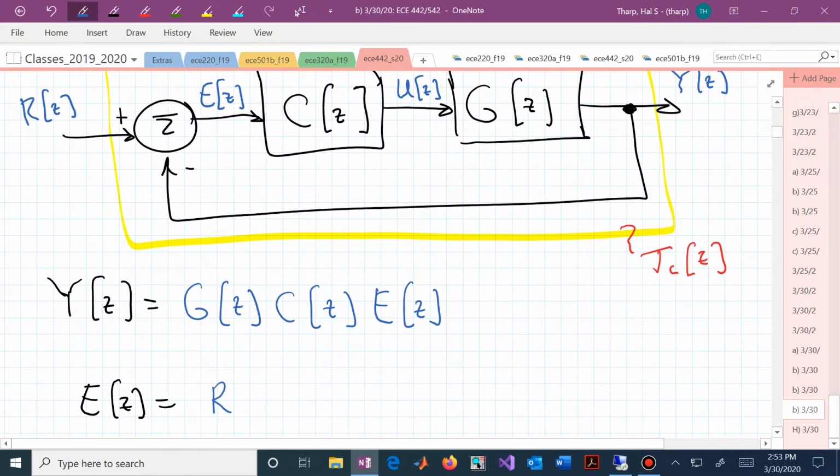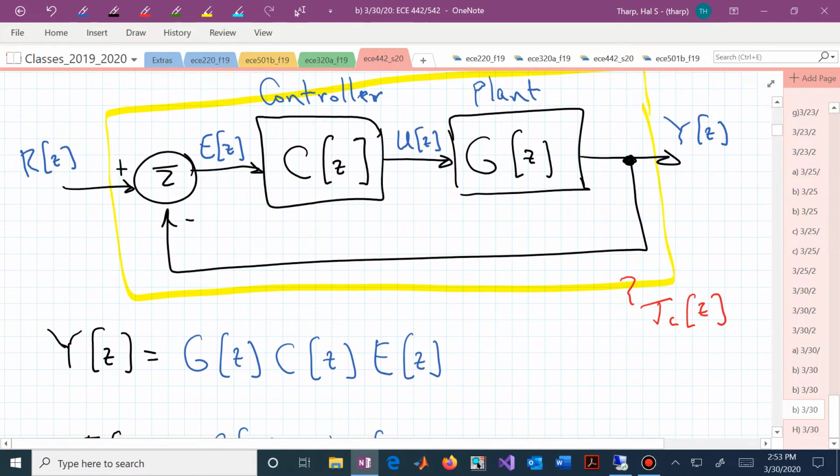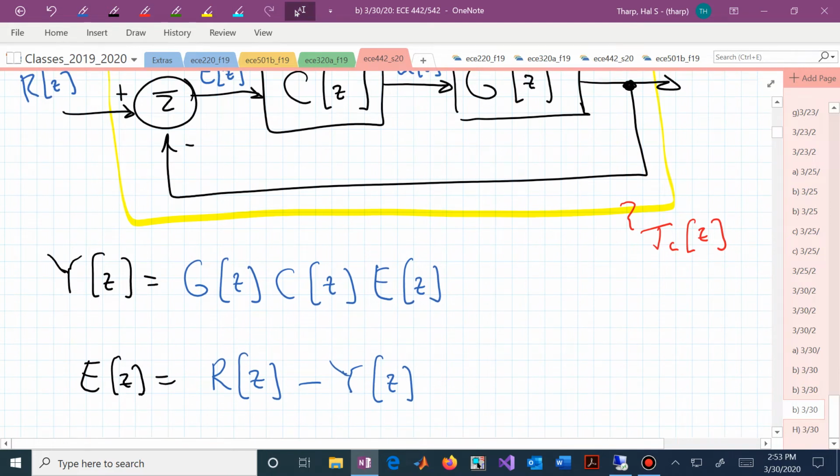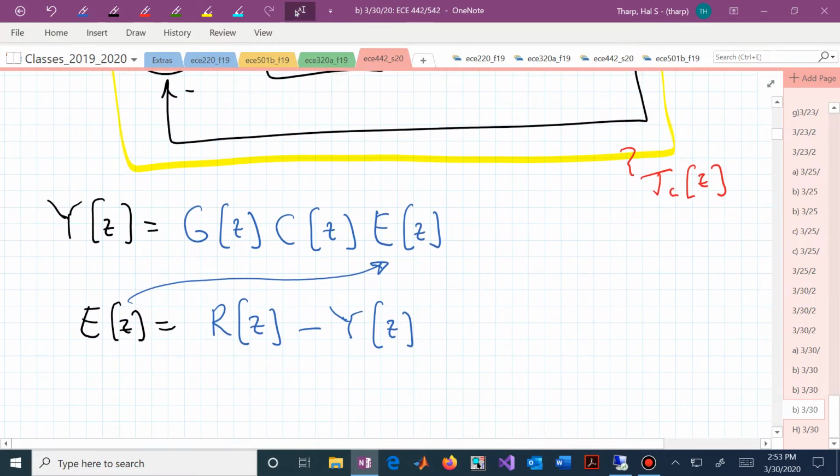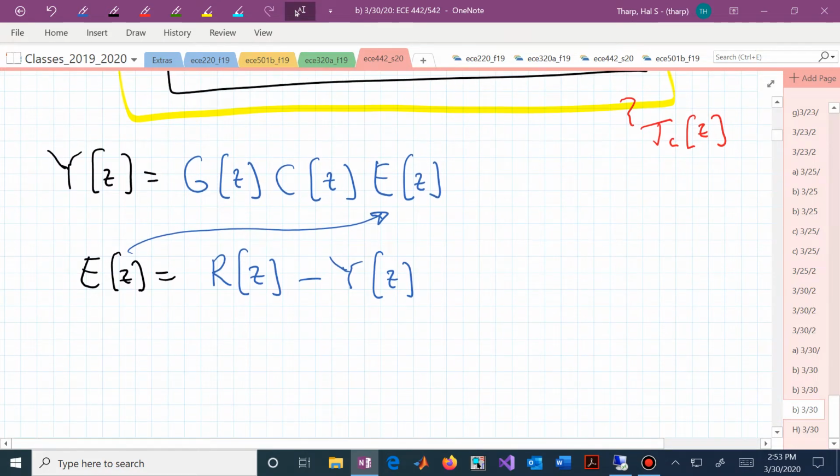That's the comparison of our reference input r with the output that we see coming out of this closed loop system. This is now y in terms of e. Let's use that to eliminate e and find a formula that only contains the output transform y and the reference input transform r, and then we will be able to find the transfer function that we want.